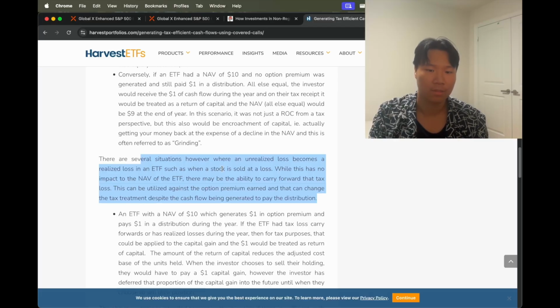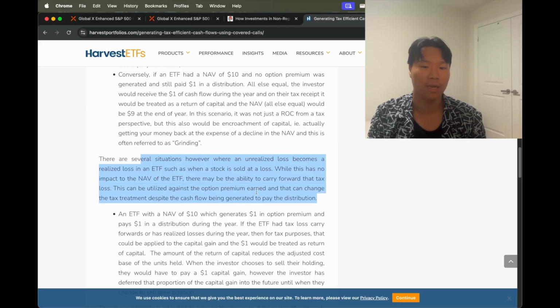And while this has no impact to the NAV of the ETF, which is the net asset value, there may be ability to carry forward that tax loss. And then this can be utilized against the option premium earned or the income earned, and that can change the tax treatment despite the cash flow being generated to pay the distribution. So what it's saying at the end is basically these losses can be used to offset your gains.